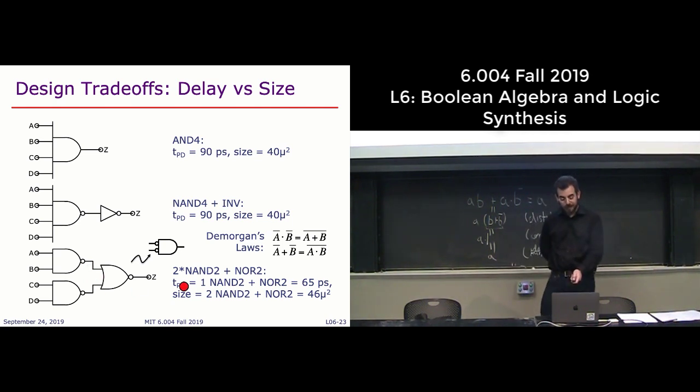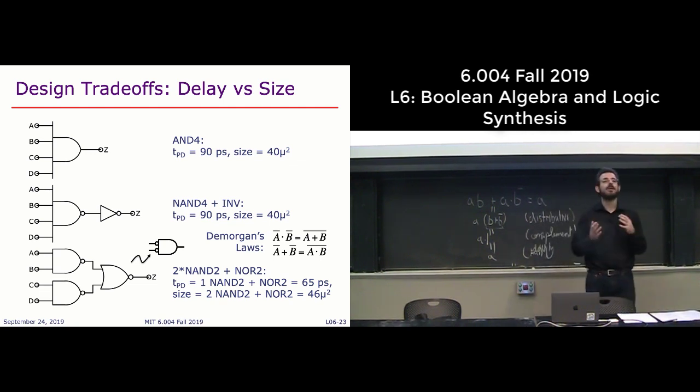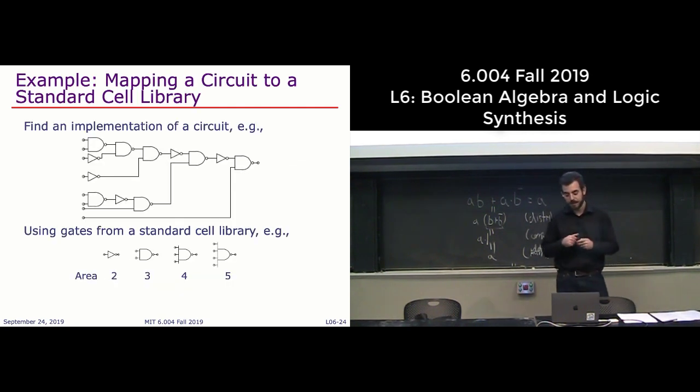Now, the propagation delay is 1 NAND and an OR, so that's 65 picoseconds, which is actually faster than a single 4-input AND gate. The size, however, is that of these 2 NAND2 gates and an OR gate, so that's slightly larger. You're going to end up with these delay-area trade-offs all over the place.